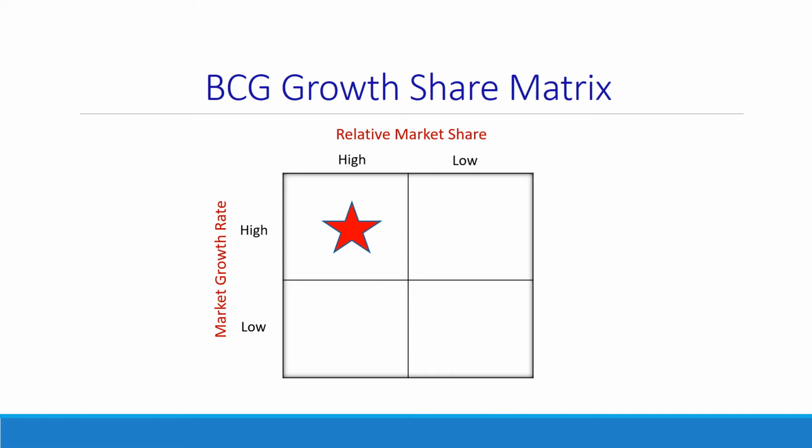Now coming to the next cell, it is the cash cow. The businesses with high market share in a low growth rate market are called cash cows. These businesses will yield substantial cash surplus over and above their investment requirement. But it is not a very attractive position in the long run.